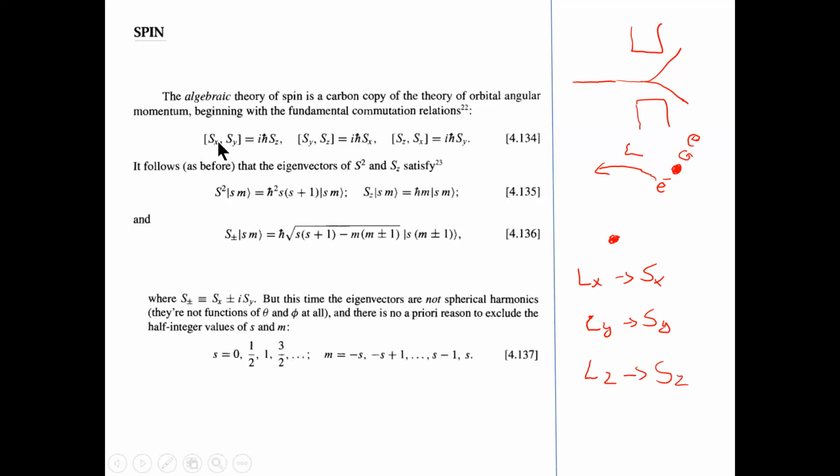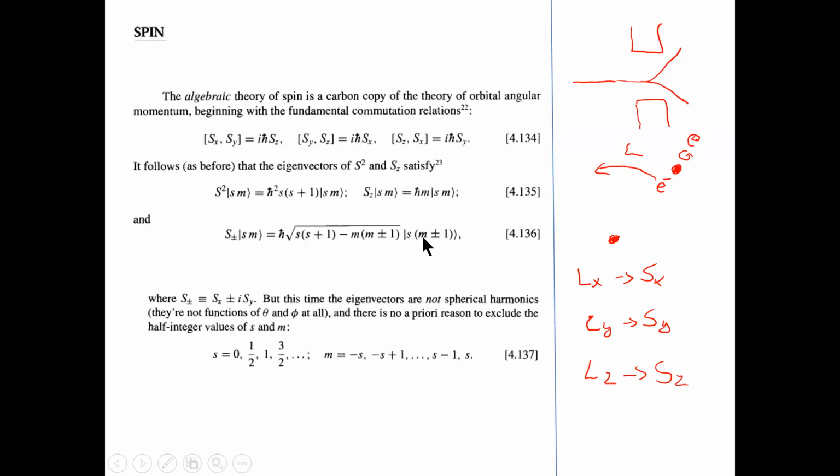These are the commutation relations between the operators, and we had defined the raising and lowering operators. The plus raises the spin state by 1, the eigenvalue m goes up by 1, and the minus decreases the eigenvalue m by 1.